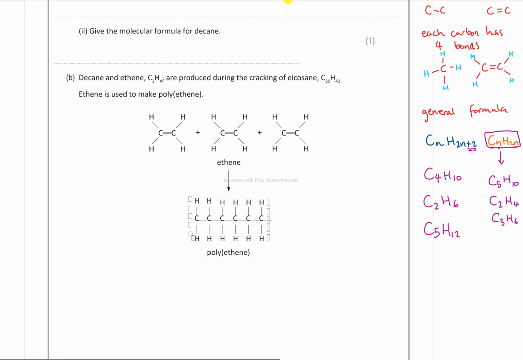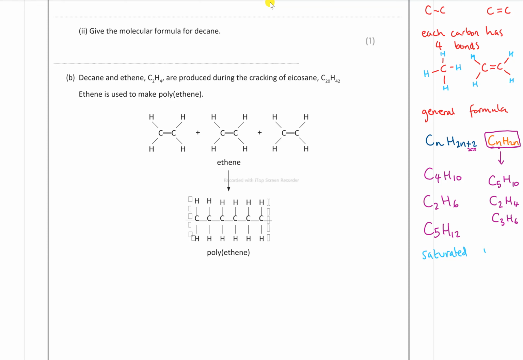Right, okay, just quickly. This is called a saturated compound because it contains only single carbon to carbon bonds.